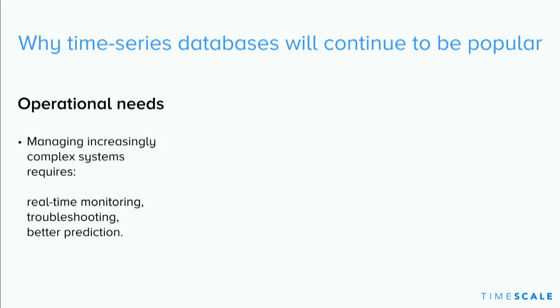Within applications in general, as Baron said in his talk yesterday, you may be incorporating Stripe for your payments and Twilio for SMS, and now you're relying on multiple systems. Because of all this complexity, you need higher granularity of data to do real-time monitoring, to troubleshoot as errors occur, and to do better prediction. So that's one big driver.